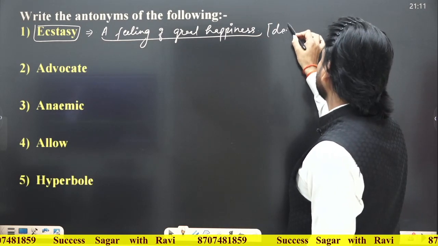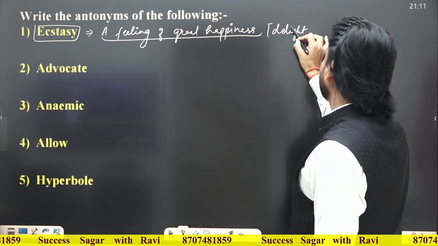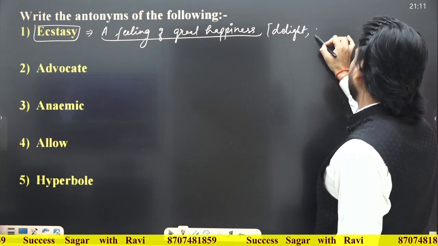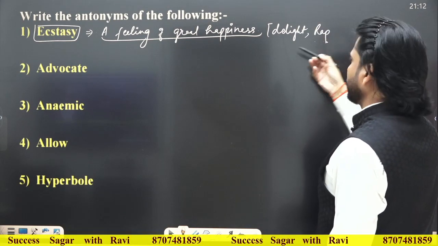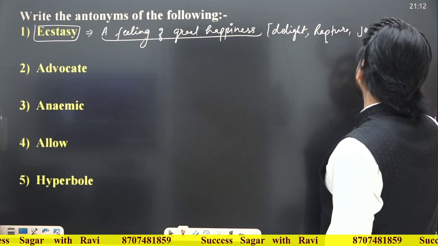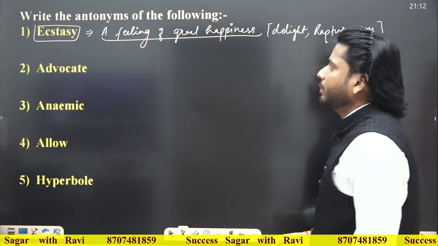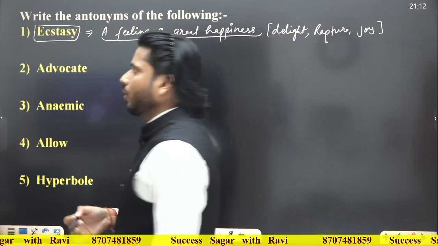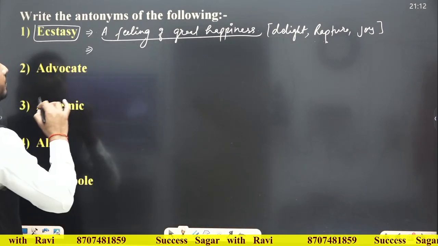So what could be the possible nearest meaning for the given word? Delight. Delight can also be there. We can talk about rapture, means great happiness. Rapture, joy. These are the synonyms. But we have to write the antonym. Antonym means what? What is the opposite meaning?